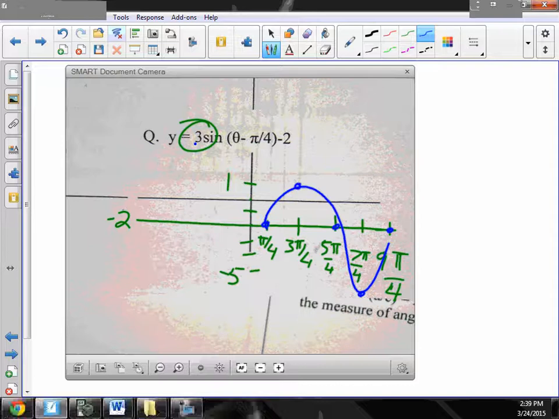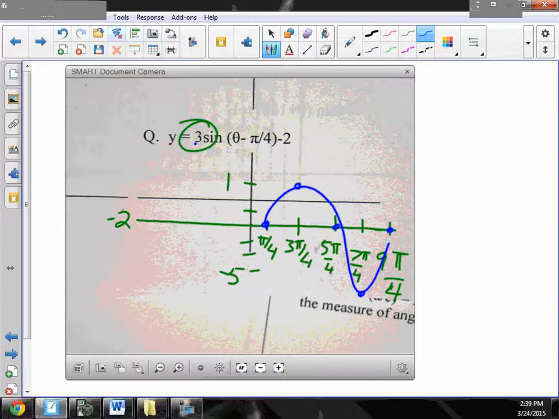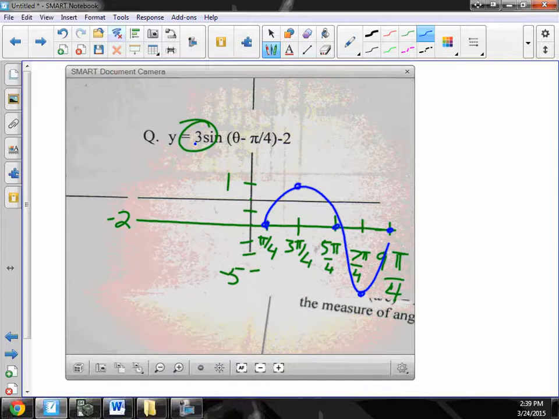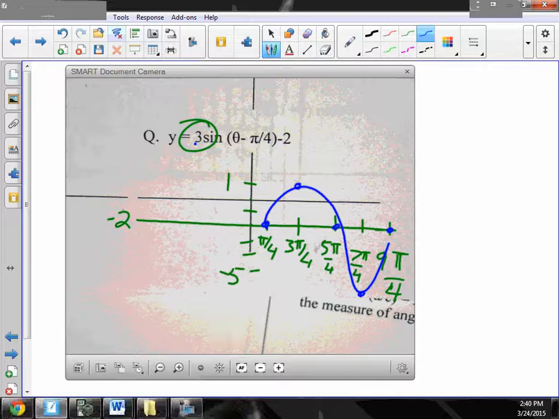It's just a mess. So it's much, much easier to just graph them by hand than it is to throw them in the calculator. The calculator will graph it, but you'd have to change the scale of your x-axis every time it did a horizontal shift, and it's just not worth your time. So graphing it by hand is much easier. All right. Good luck.